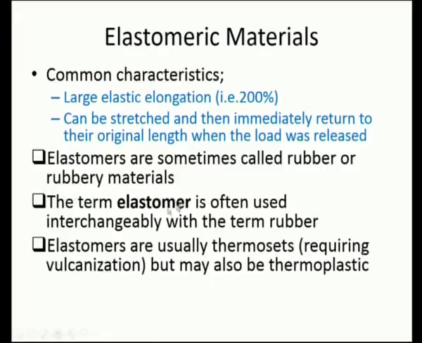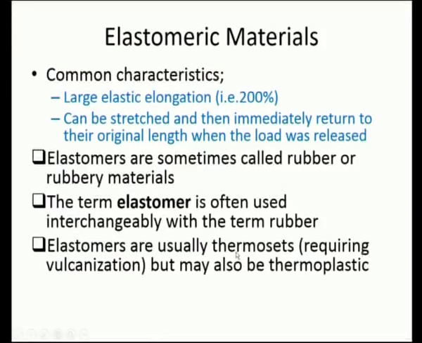Some other important points related to elastomeric materials: elastomers are sometimes called rubber or rubbery material. The term elastomer is often used interchangeably with the term rubber. Elastomers are usually thermosets, but may also be thermoplastics.